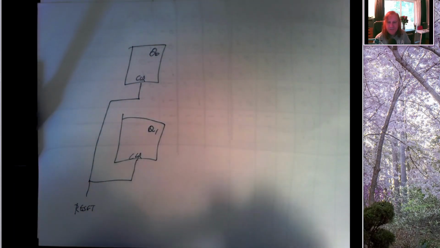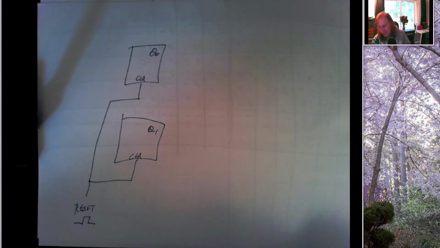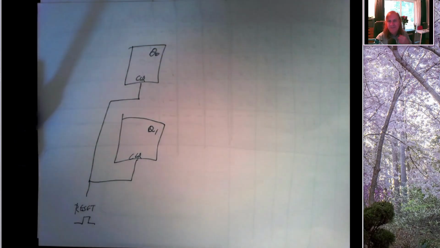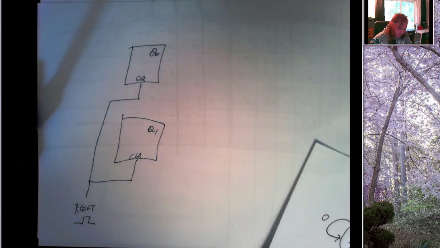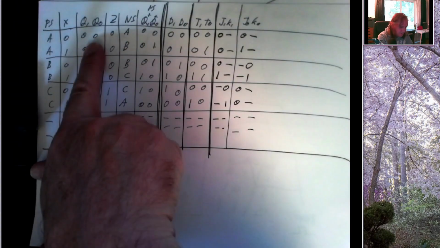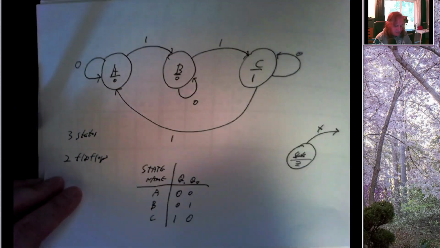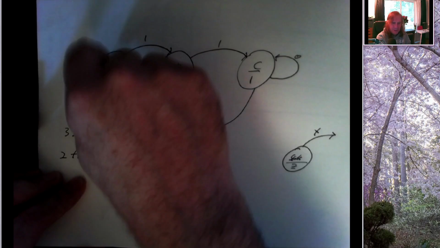And when we first power up the system, we might put a little pulse on this reset line. We can build circuits so when power is first applied, it generates a pulse, right? A 555 timer is a good way to do that. And then that would force all of our flip-flops to go to a state where they're outputting 0s. And that would basically put us in state A.